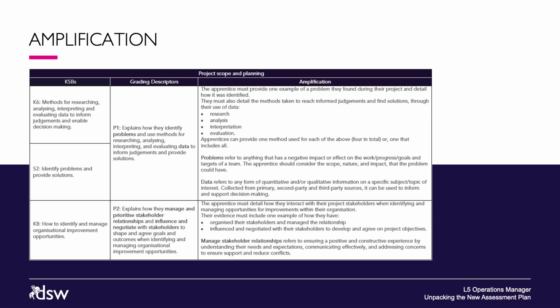In these definitions, as I've said on the previous slide, should there be a list of examples provided, apprentices don't have to use those included. They can provide others. We have only just provided a snapshot to aid in the understanding of the descriptor.